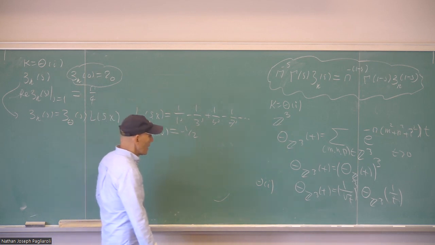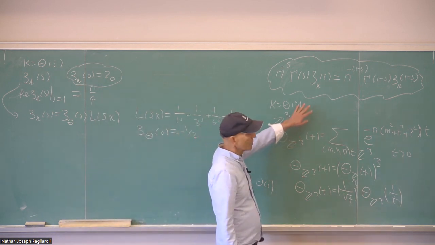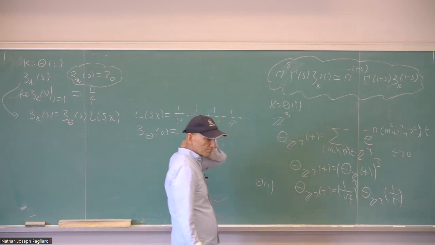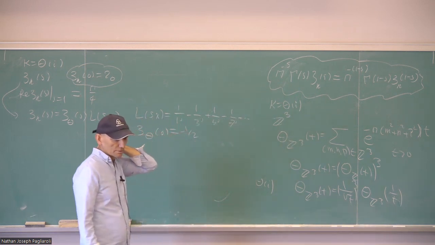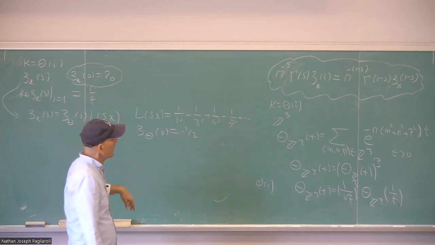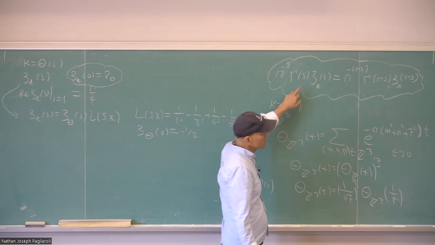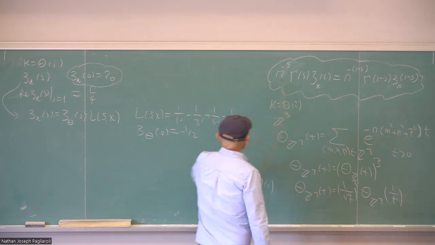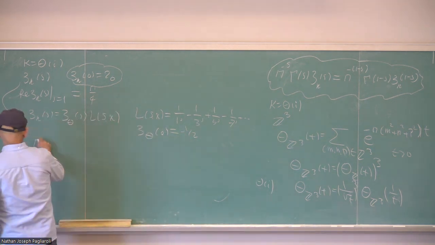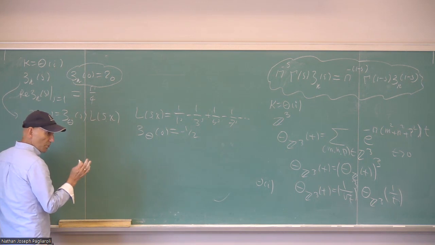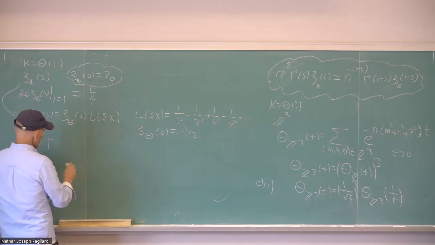Then how can I use this functional equation to calculate this? You can do that, right? You just sub in s equal to 0, and you're going to get pi to the 0, gamma of 0. There's a problem. Gamma of 0 is problematic.